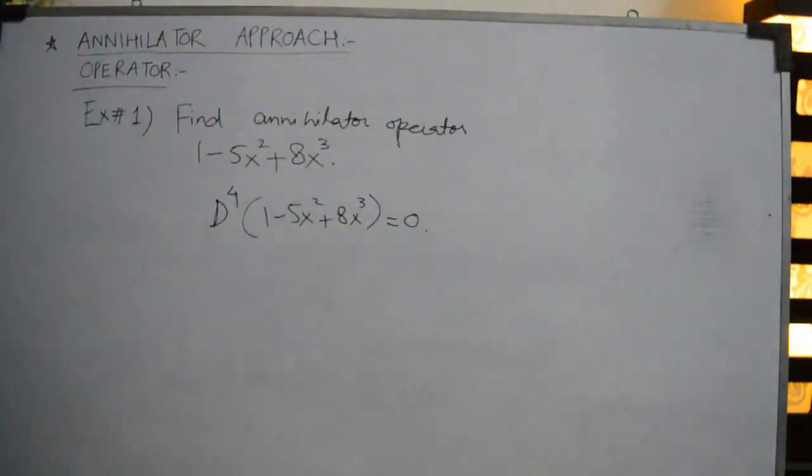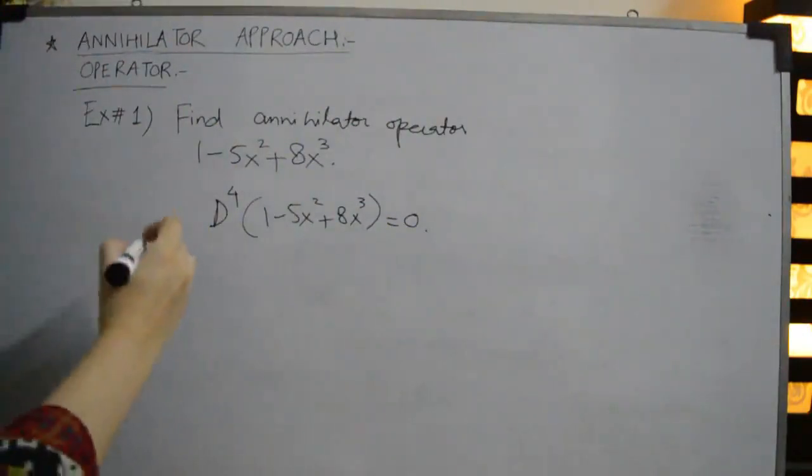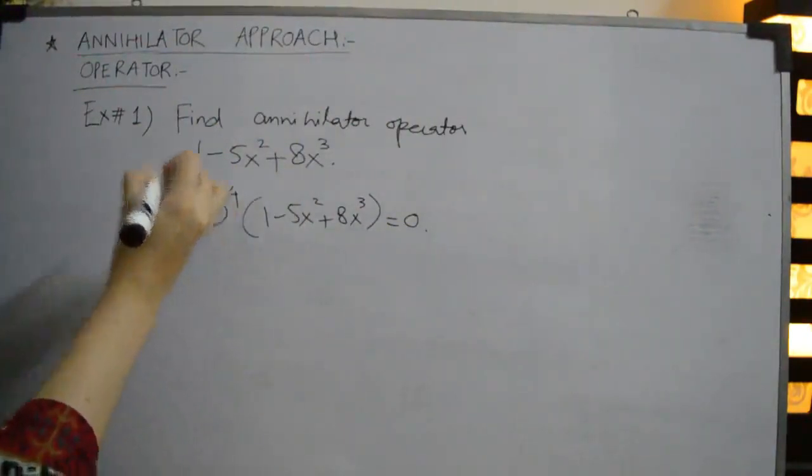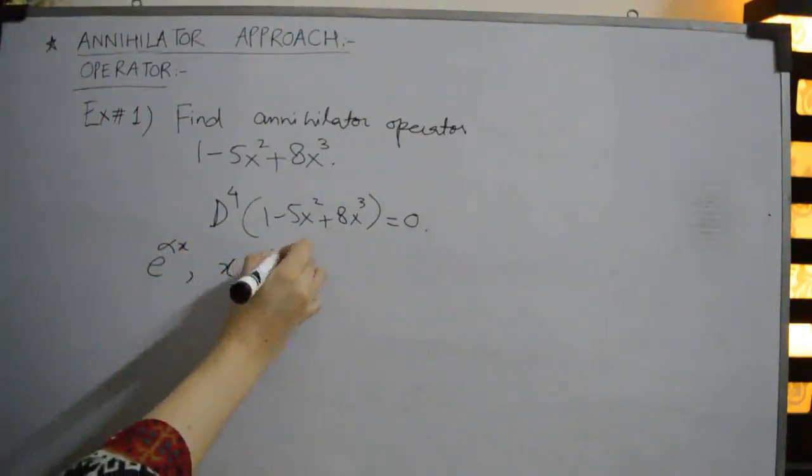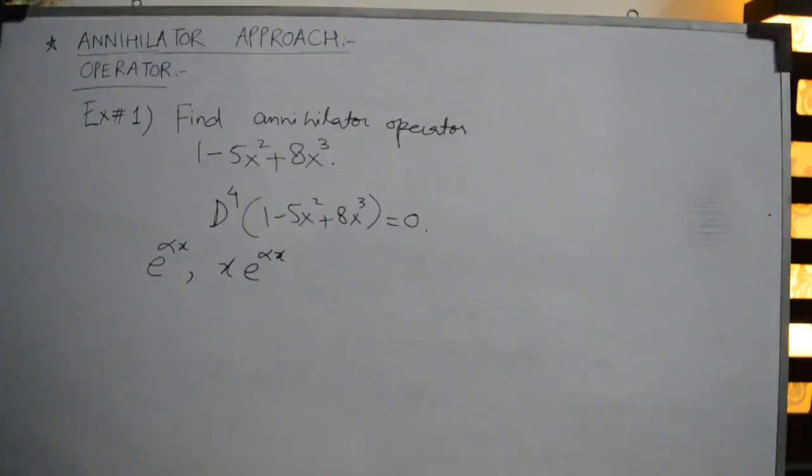If you have functions like e to the power alpha x and x e to the power alpha x, you cannot judge the highest power of the variable, or you cannot directly see the annihilator operator power.